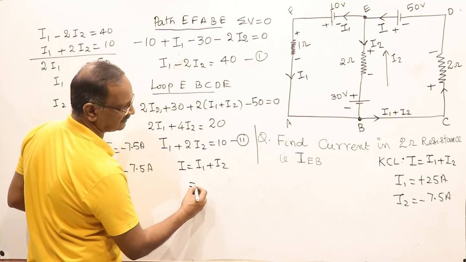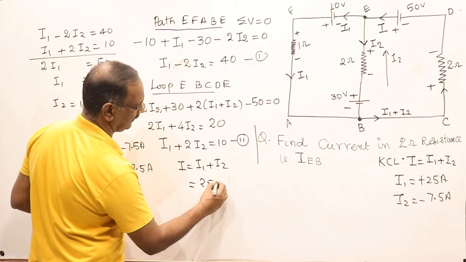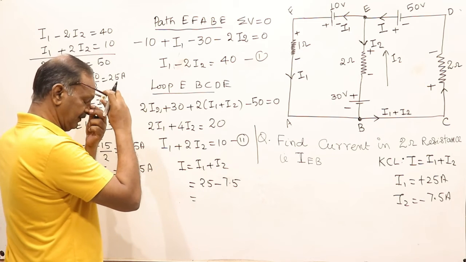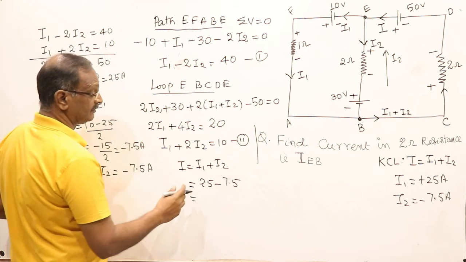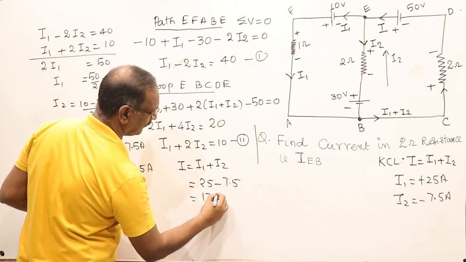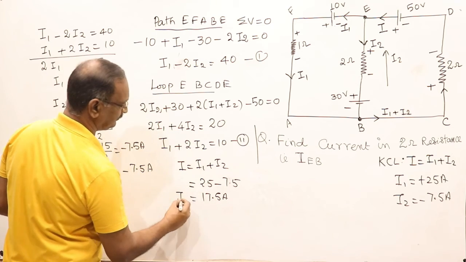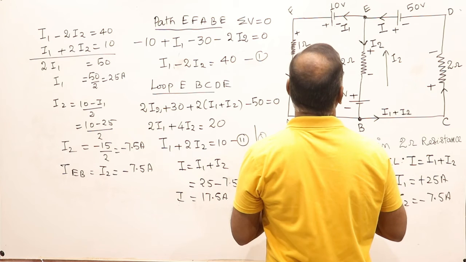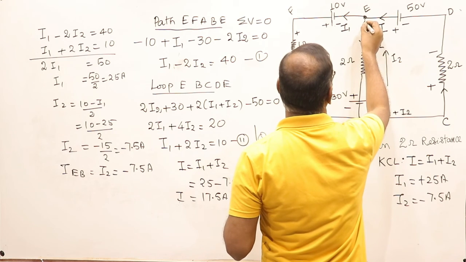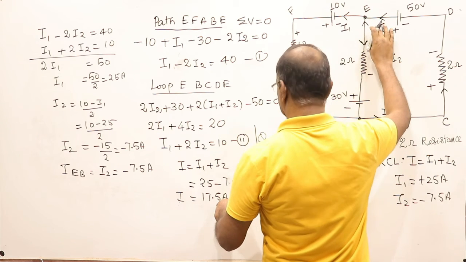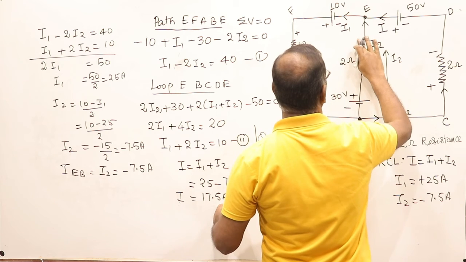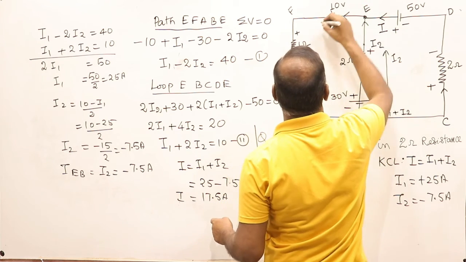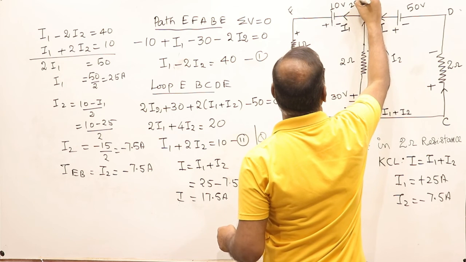I1 is equal to 25 plus minus 7.5, that is 17.5 ampere, I. So now let us assume the current is positive 7.5. This is 17.5. 17.5 plus 7.5 is equal to I1 is equal to 25 ampere.